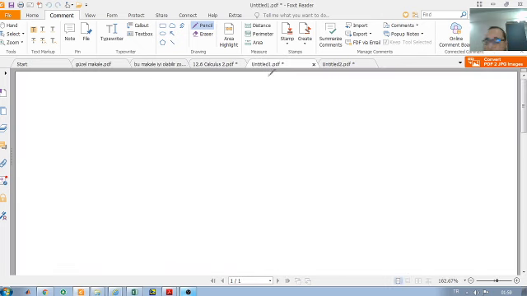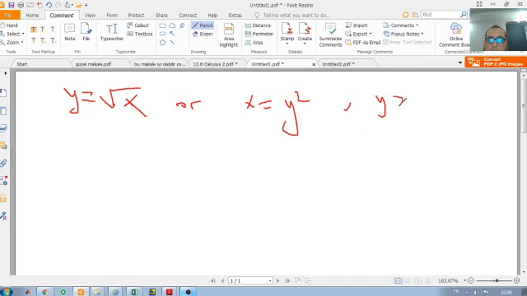For example, let's sketch the graph of another equation. Let's consider y is equal to square root of x, or x is equal to y squared. Since the square root of x cannot be negative, we consider y bigger than or equal to 0.